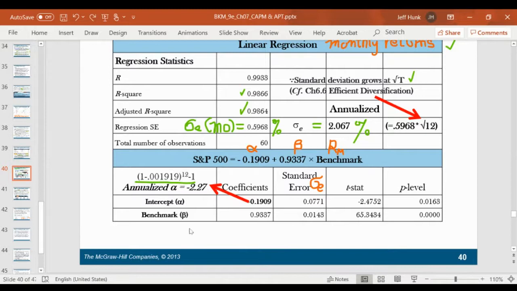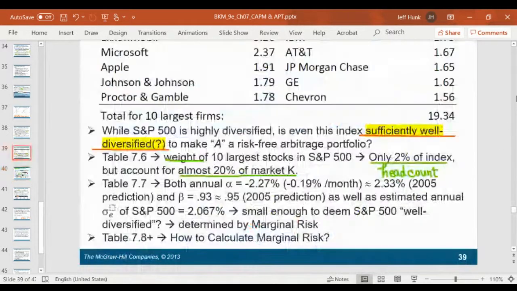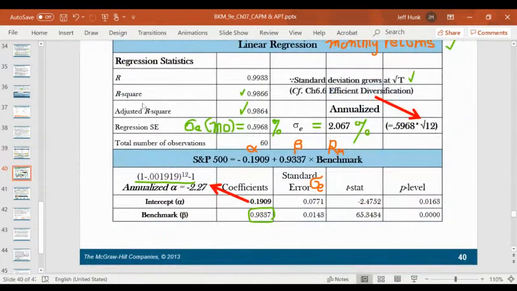The beta of the benchmark portfolio is pretty high. I mean, high correlation. Of course, what do you expect? You will have to have a high correlation, right? Overall R square is high.